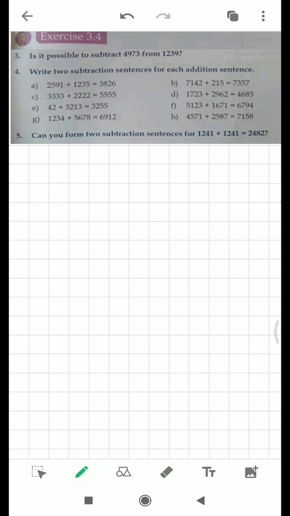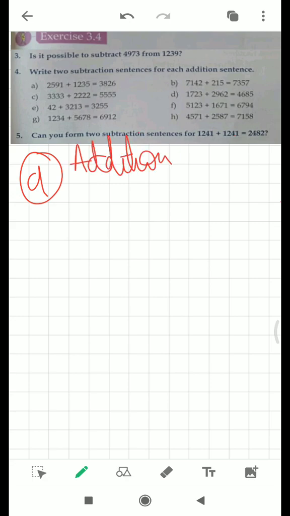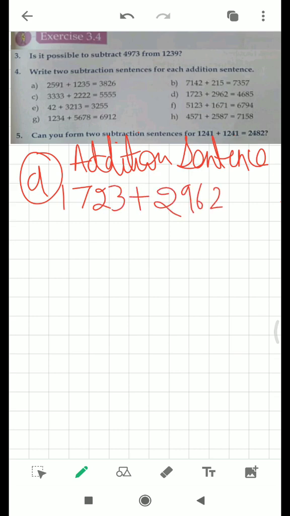Now the D part. Addition sentence, it's 1,723 plus 2,962 equals 4,685.